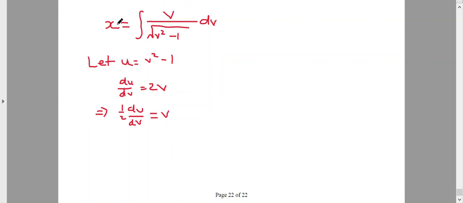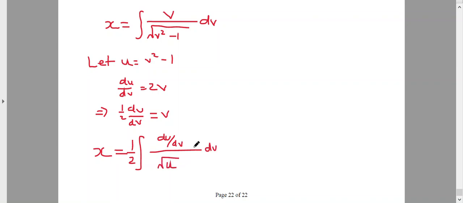Okay, so now I can rewrite my integral as x equals the integral. So instead of writing the v on the top, I write a half du dv. Now I'm going to bring the half out the front because constants can come out the front. And then on top of the fraction, it's du dv all over square root of u dv.